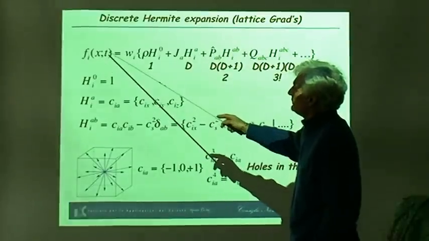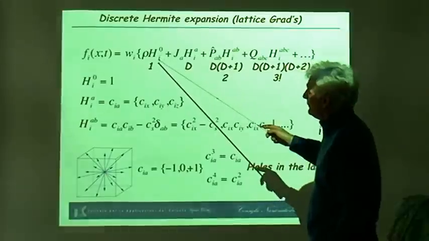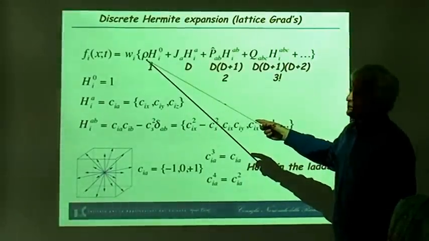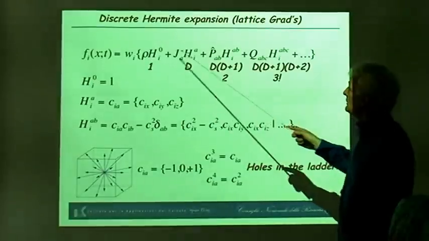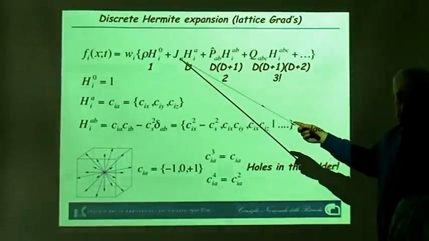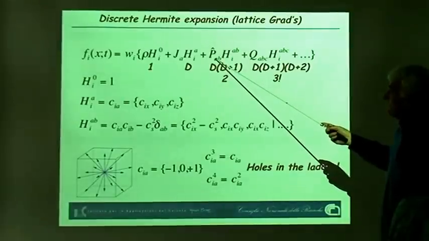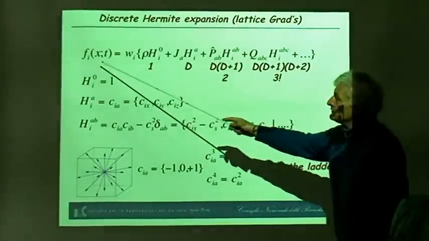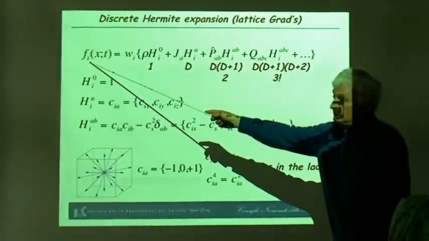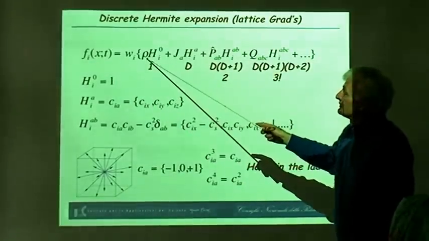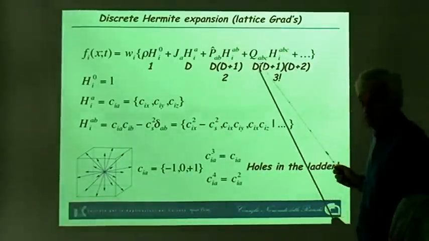Because if I project f_i, the space-time dependency of f_i is contained in its coefficients. So rho is the fluid density, rho of x,t, J is the fluid current, function of x,t, P is basically the momentum flux tensor, function of x,t. So you see there has to be a balance between the representation of the discrete distribution function, which is f, and the representation in the fluid variables, which is rho, J, P, and so on.